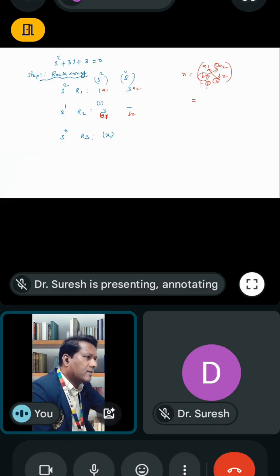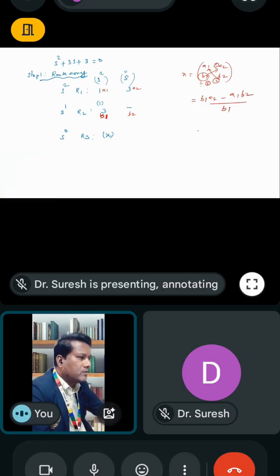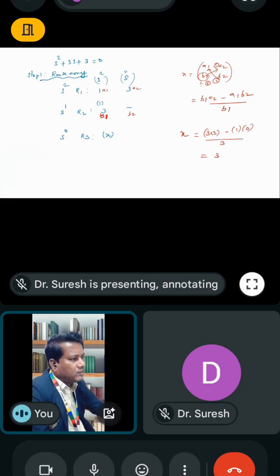So x equals b1 a2 minus a1 b2, divided by b1. Substituting the values, b1 is 3, a2 is 3, minus a1 which is 1 times b2 which is 0, divided by b1 which is 3. The final answer is x equals 3.